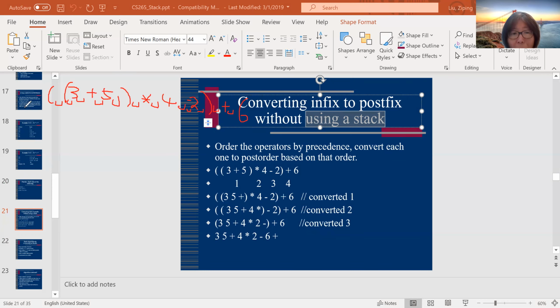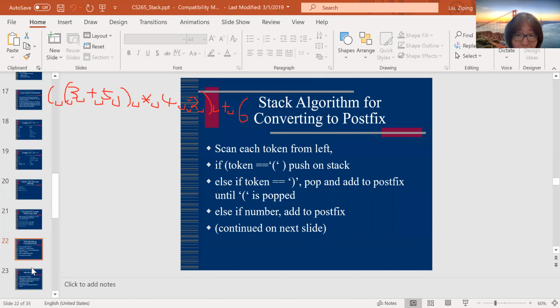So this time we have this infix expression, and we want to convert it to postfix. So how are we going to do this?